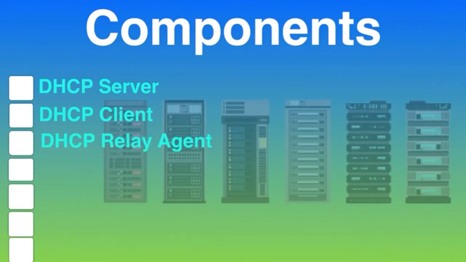Third one is relay agent. If you have only one DHCP server for multiple LANs, then the DHCP relay agent present in every network will forward the DHCP request to the server. This is because the DHCP packets cannot travel across the router. Hence, the relay agent is required so that the DHCP server can handle the requests from all the networks.